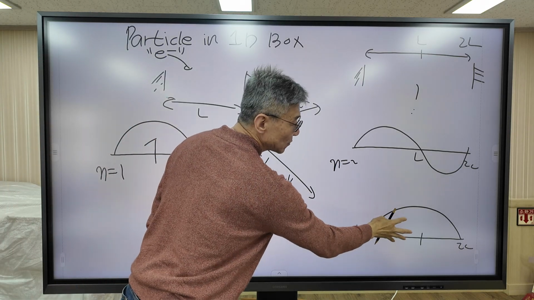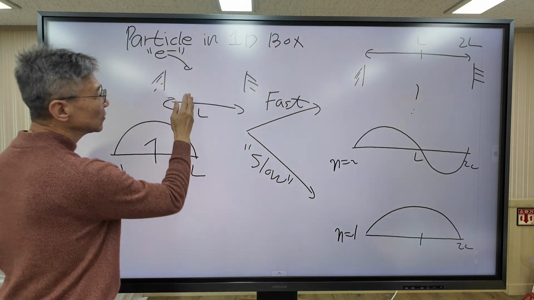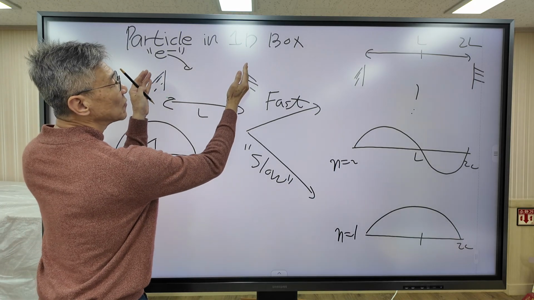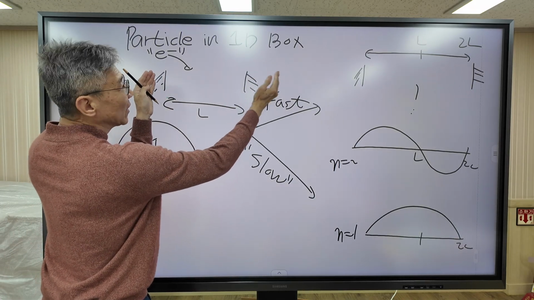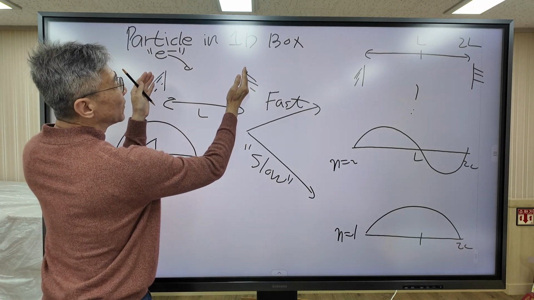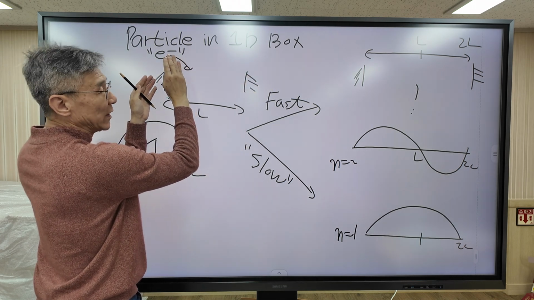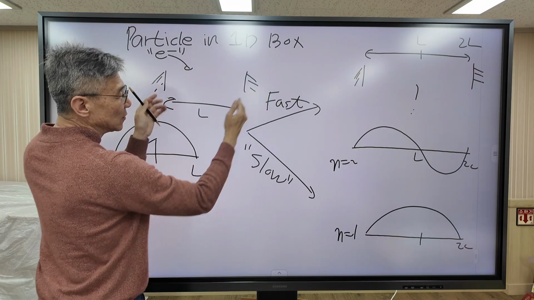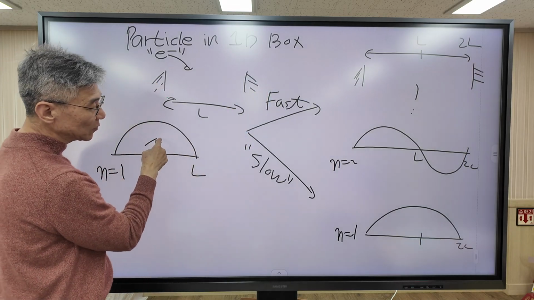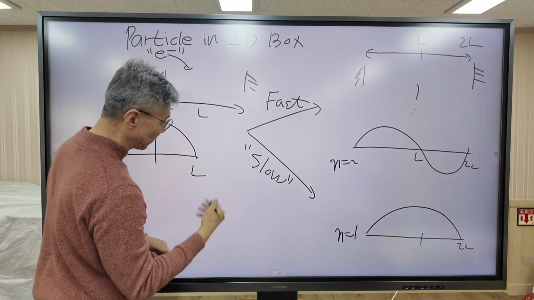So the final state looks like this one because electron has enough time to follow the wall. Because wall moves very, very slowly compared to the electrons. So this function transforms to this one.